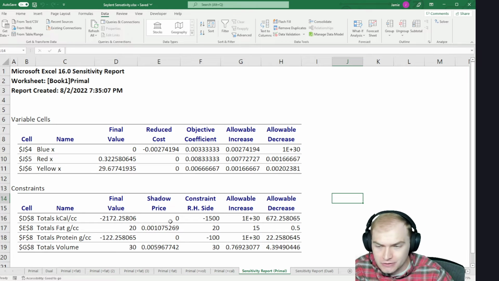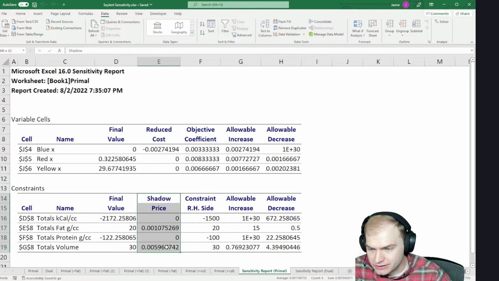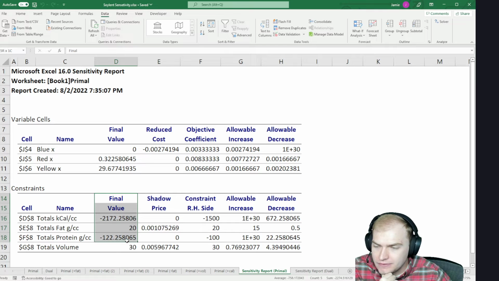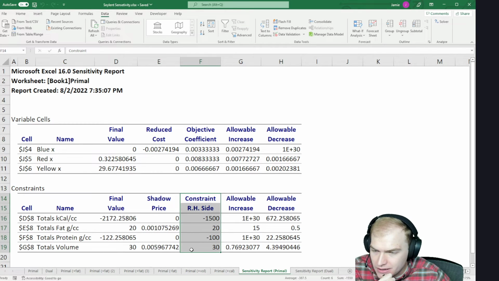The one we've talked about so far is the shadow price column. It gives us the final value for each constraint, and the right-hand side of that constraint, and the shadow prices.